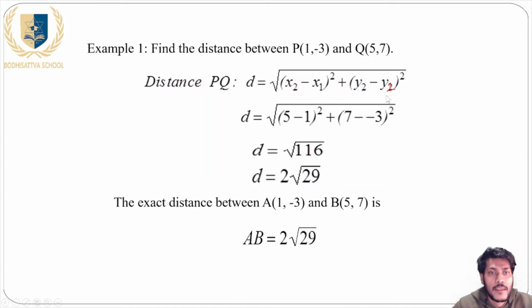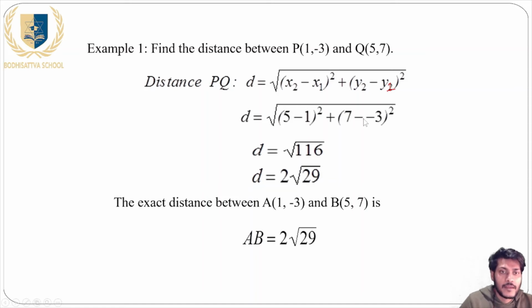So now x2 is here 5, so put the value 5 here, minus x1 which is 1, put the value 1 here. So it becomes root under (5 minus 1) whole square plus the same for the second coordinate, the y coordinate. y2 is here 7, minus y1 which is minus 3, so putting minus 3, it becomes plus 3.